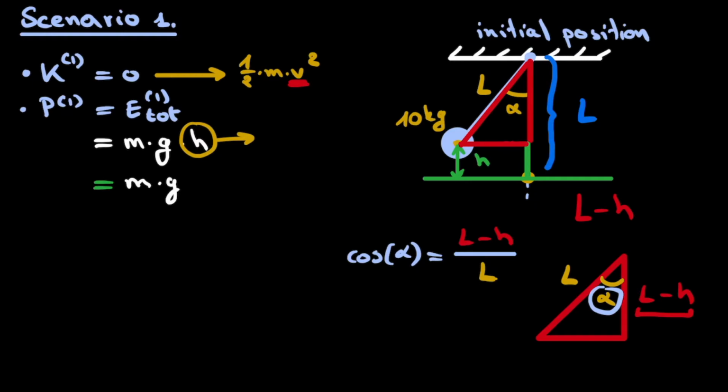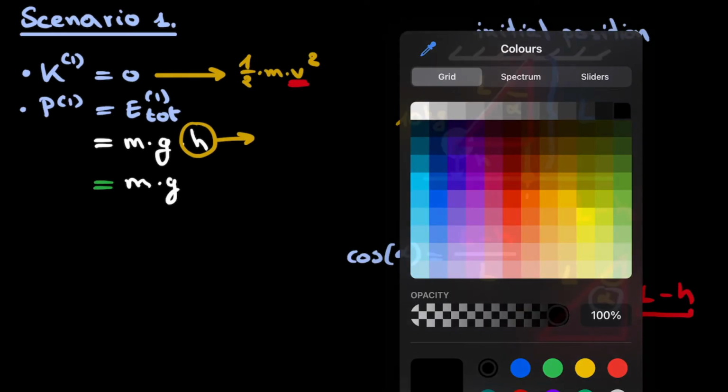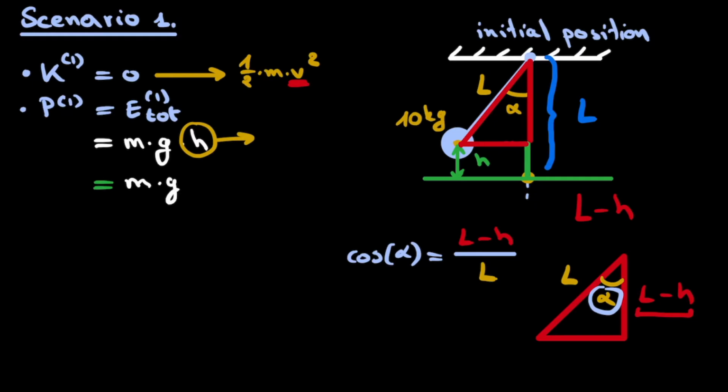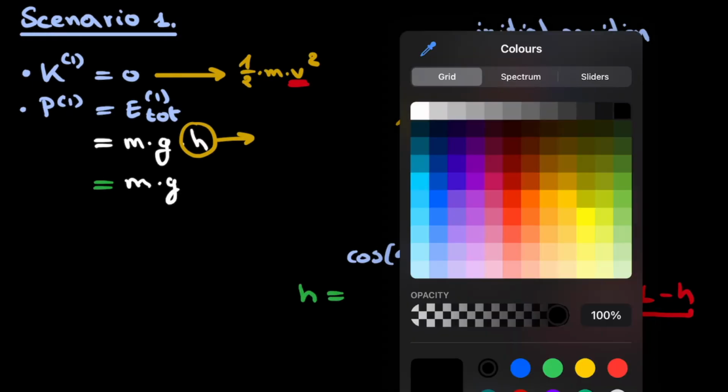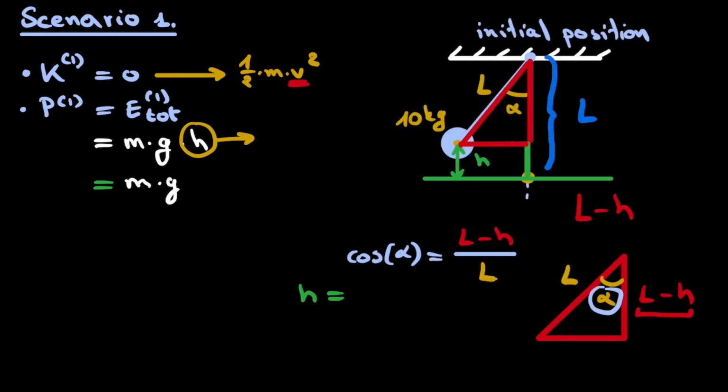So we can rearrange this equality so that we have h on one side. And this gives us that h is equal to L multiplied by 1 minus the cosine of alpha.